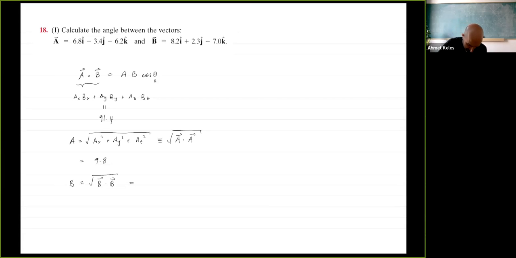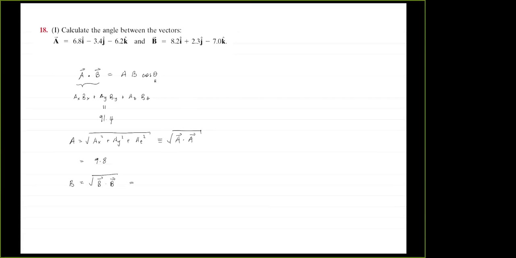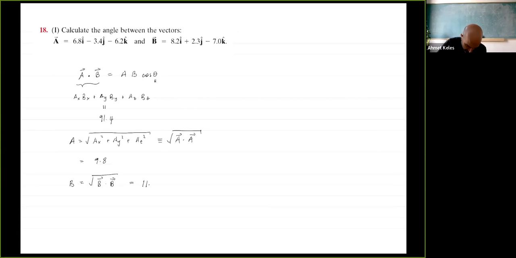B is equal to 11.0. I found 11.02, about 11.0. Now I can calculate cosine theta, which is equal to A dot B divided by A times B. This should be equal to 91.4 divided by 9.8 times 11.0.